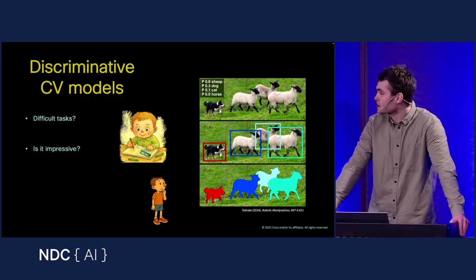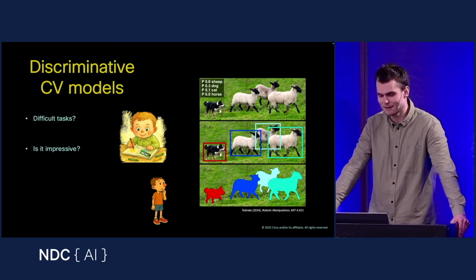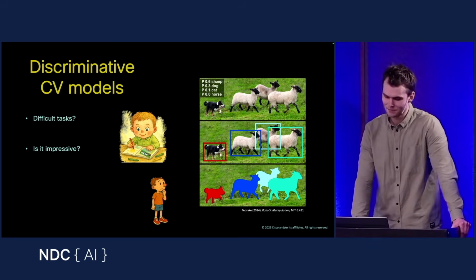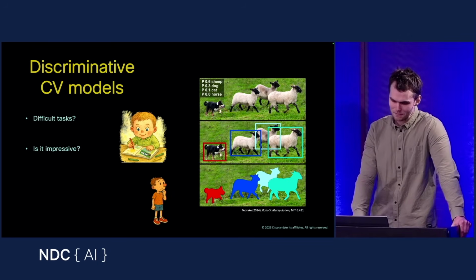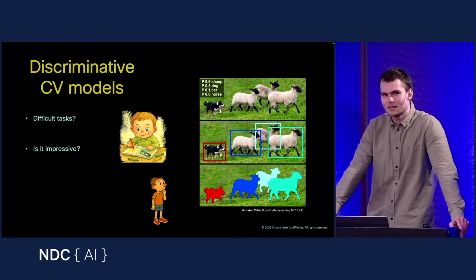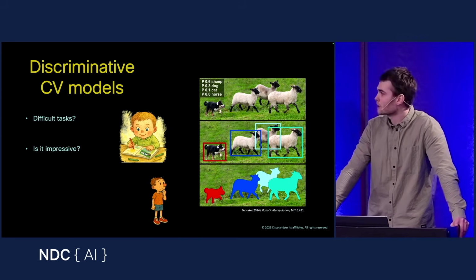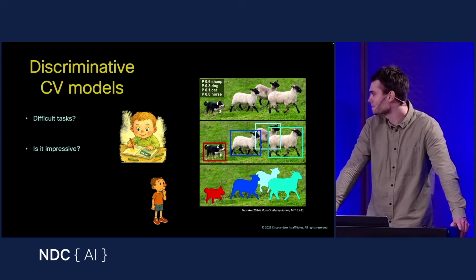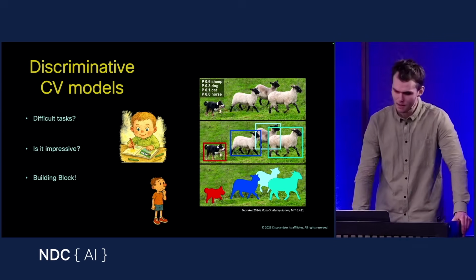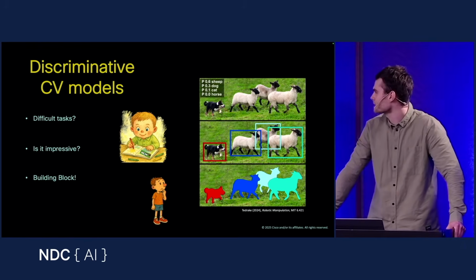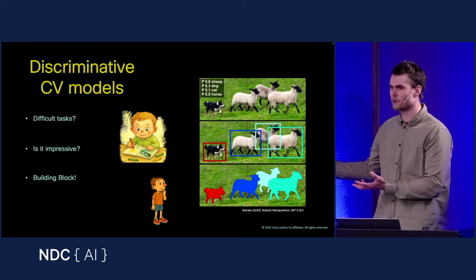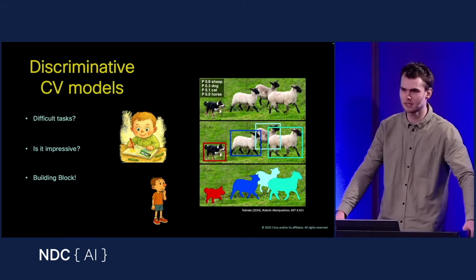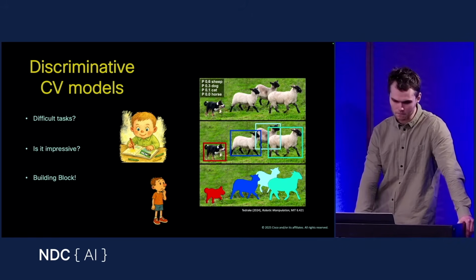Although, speaking from experience, they are much less maintenance than a toddler, and therein lies their usefulness. Now, I think computer vision AI has been solving tasks that normal people outside of the field probably just expected computers to be able to do already. They're also typically just a building block in a different system. They don't do anything on their own. They provide some useful information that some system can use to do something.